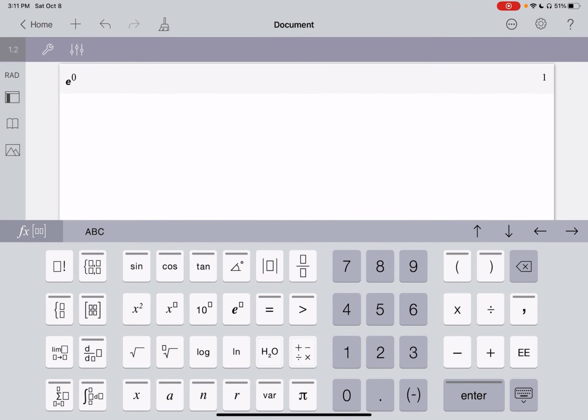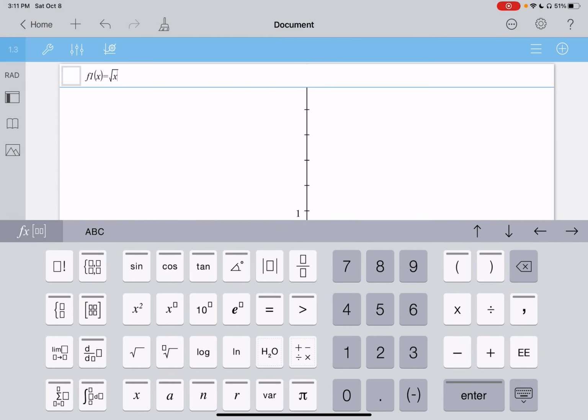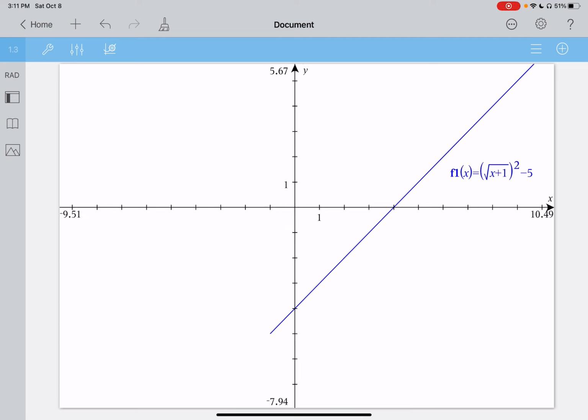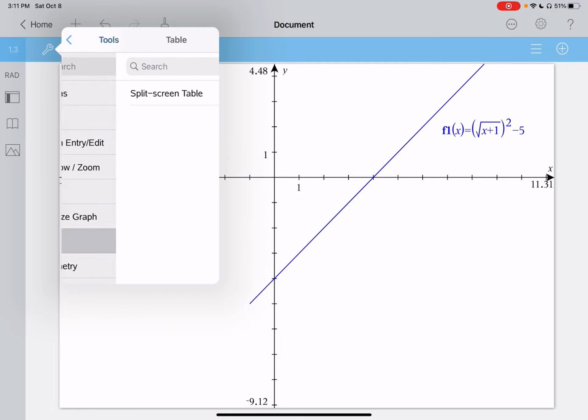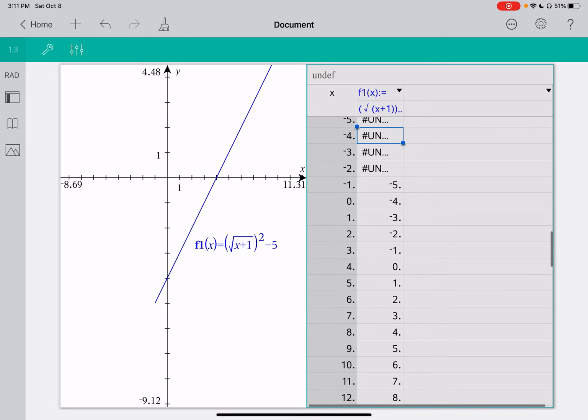So open up a new graph, and we're going to do the square root of x plus 1 squared minus 5. Okay, and you see that the graph doesn't go all the way down, so we can pull up the table and see where it starts.